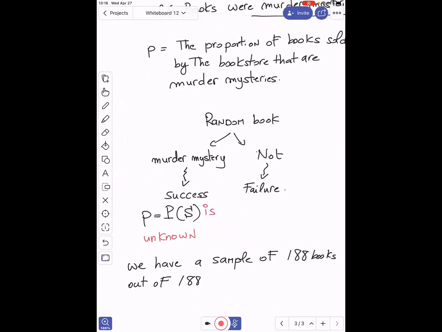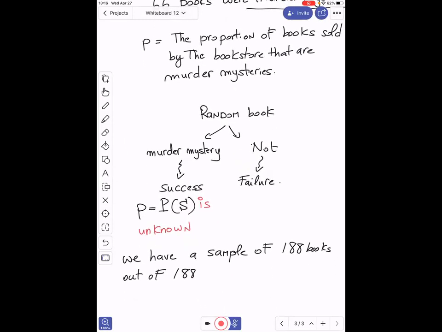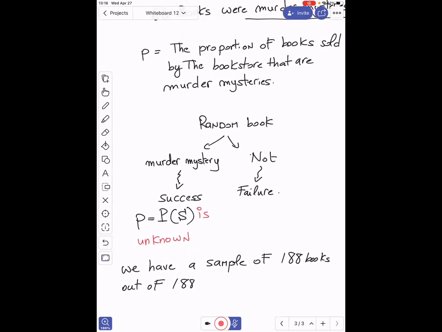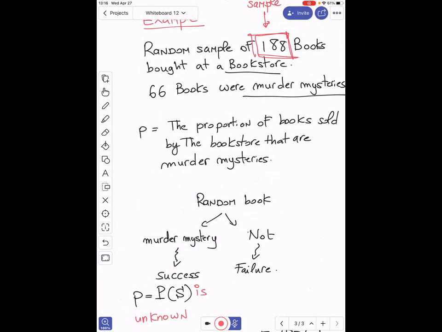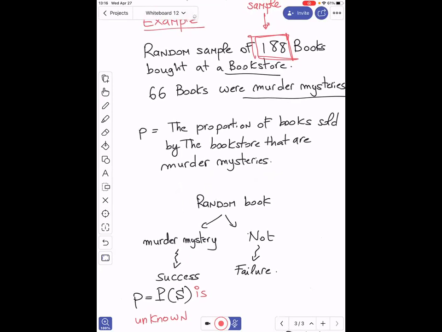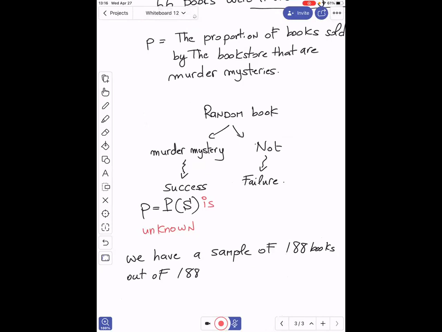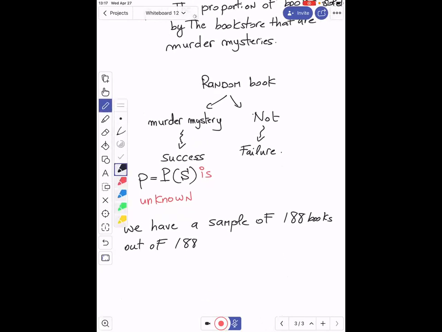So there are 66 successes out of 188. Again, by success here, I mean the book is a murder mystery.